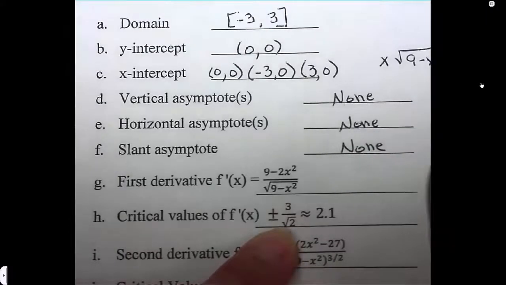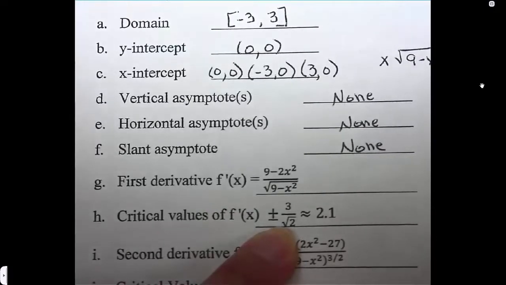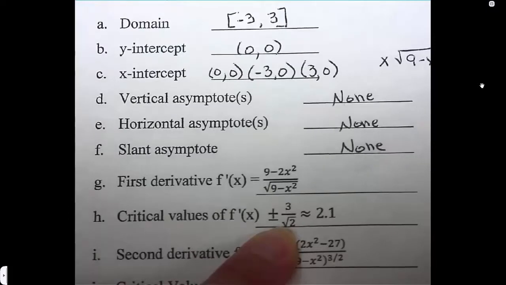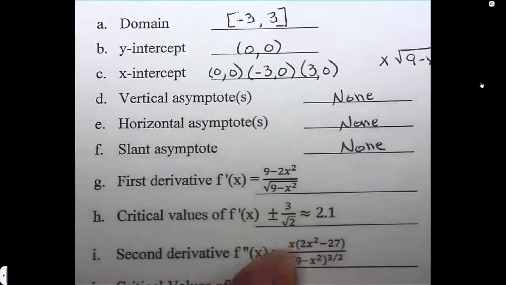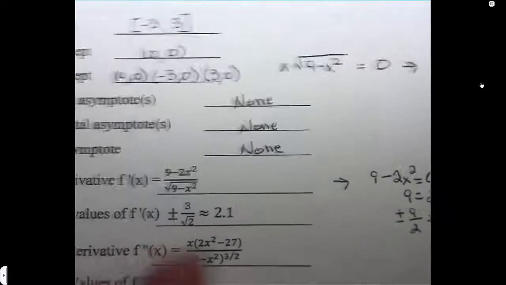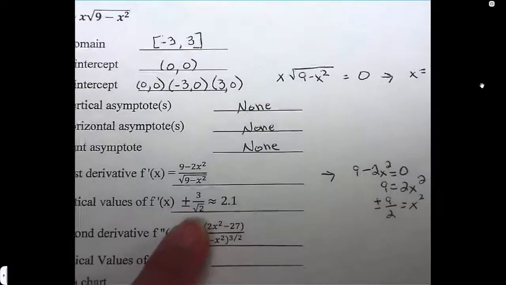If I had 9 minus 2x squared equals 0, then I would have x squared equals 9 halves, and x equals plus or minus square root of 9 halves. And square root of 9 halves just simplifies to plus or minus 3 over square root of 2.